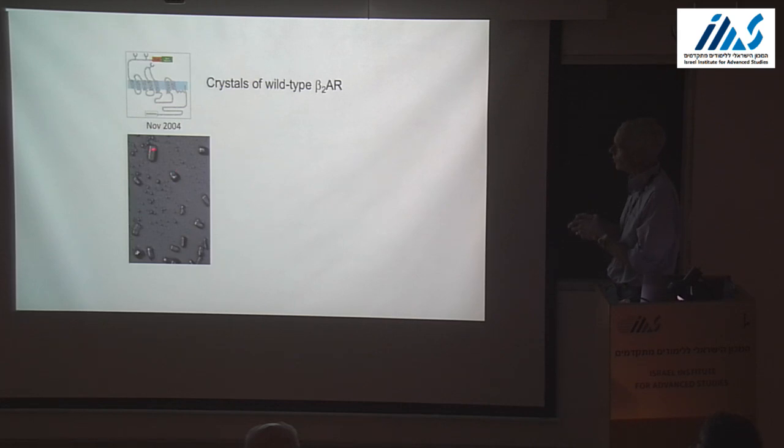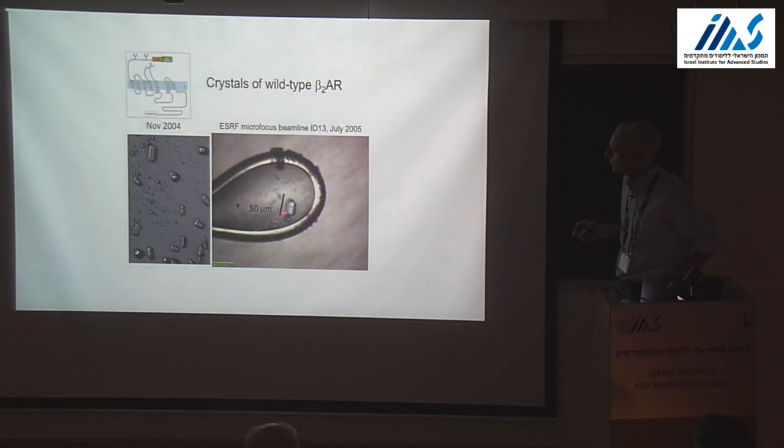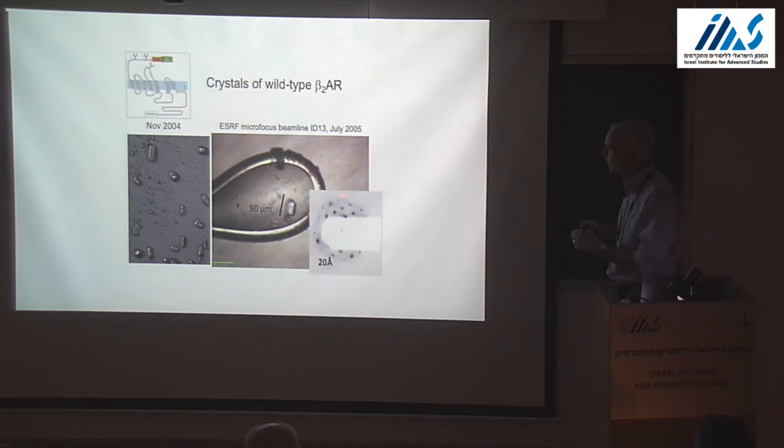And believe it or not, these are really protein crystals. And you can see they're quite small. We were fortunate to be one of the first ones to use this microfocus beamline in Grenoble. And we did ultimately get diffraction spots, but you can see they're only about 20 angstroms. Try as we might, we were never able to improve the diffraction of these crystals.